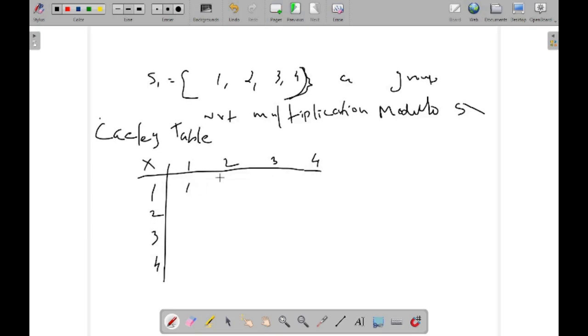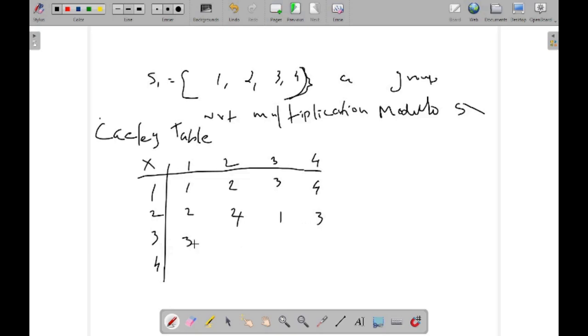Here 1 into 1 is 1, 1 into 2 mod 5 is 2, 1 into 3 mod 5 is 3, 1 into 4 mod 5 is 4, 2 into 1 mod 5 is 2, 2 into 2 mod 5 is 4, 2 into 3 mod 5 is 1, 2 into 4, 8 mod 5 is 3.